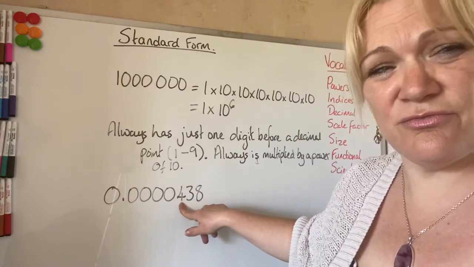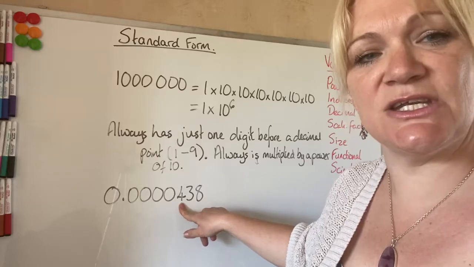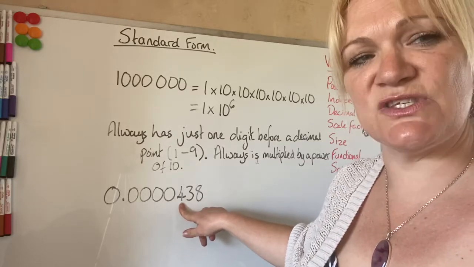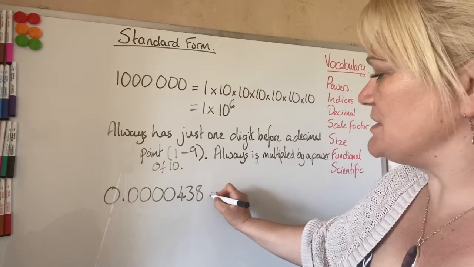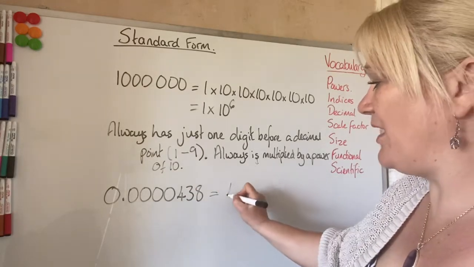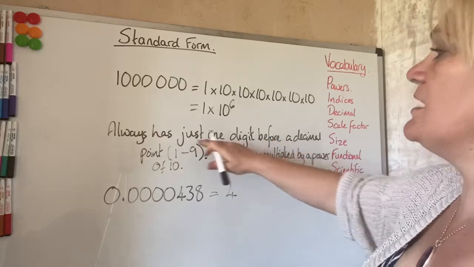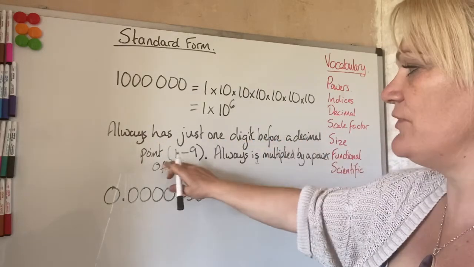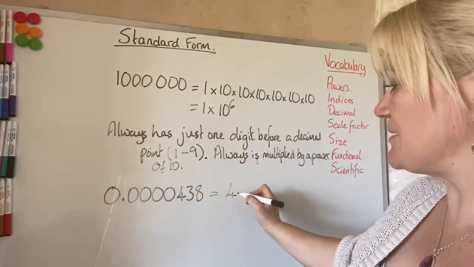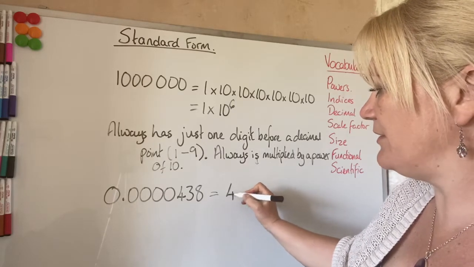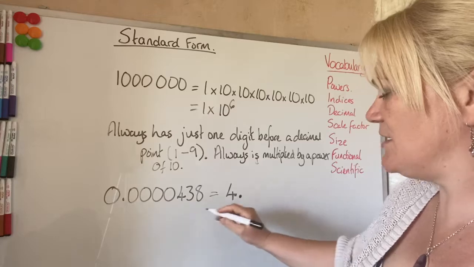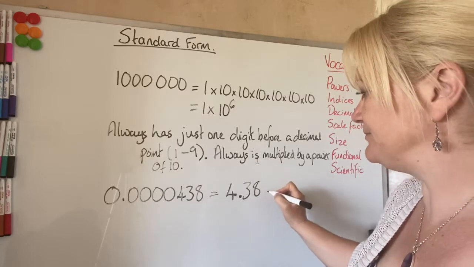My first actual digit is in my 100,000ths column. So if I wanted to put this into standard form, I would still follow the same rules. It always has one digit before the decimal point from 1 to 9. So I'm going to put my 4, my first non-zero number, as my first digit, 4.38.